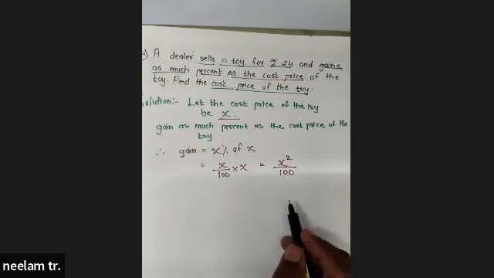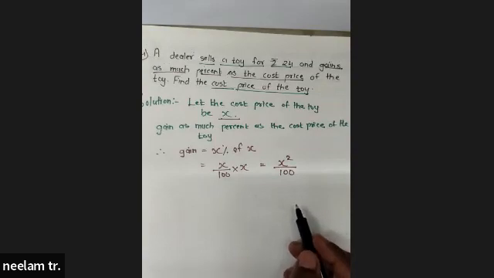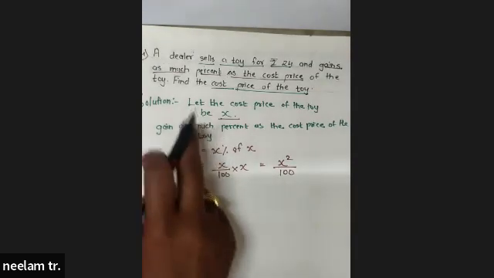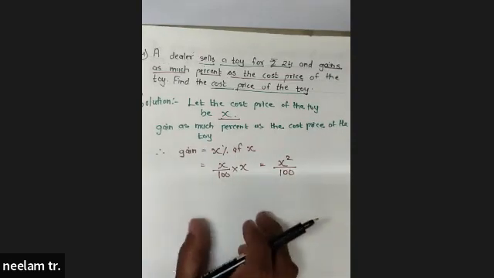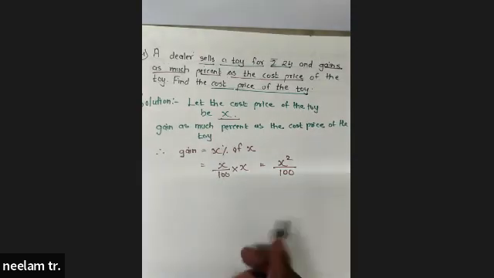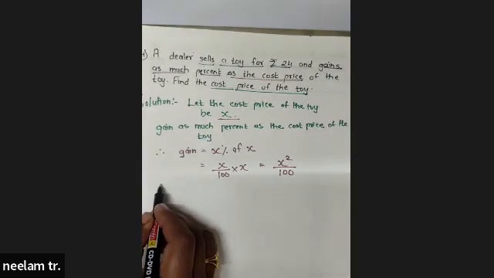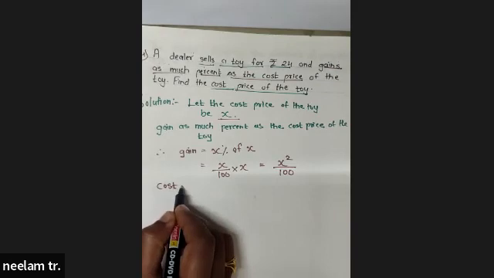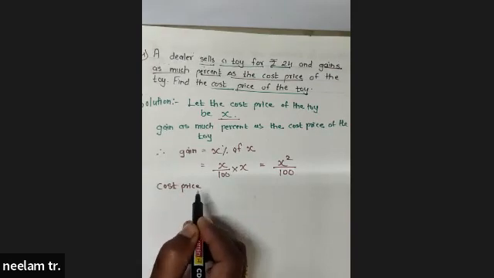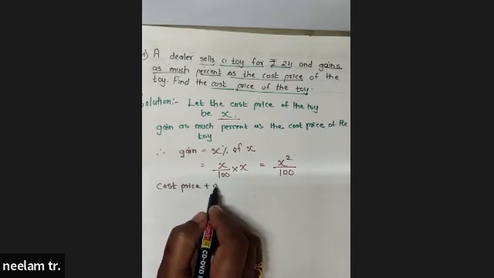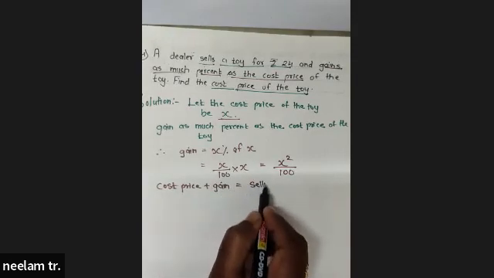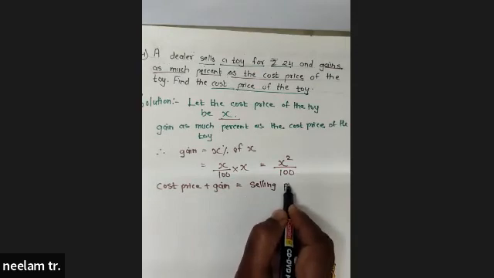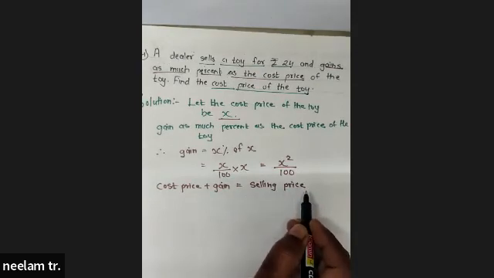Okay, this is clear to everyone. Now again, the cost price plus gain, if I add, then I'll get the selling price. Yes, students?